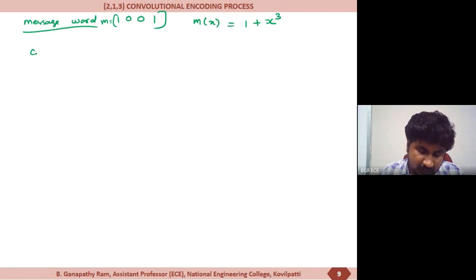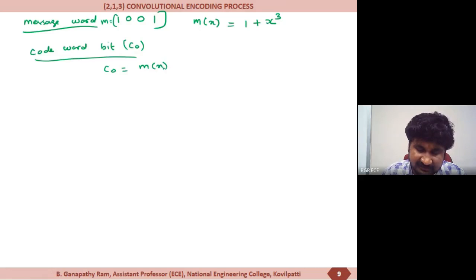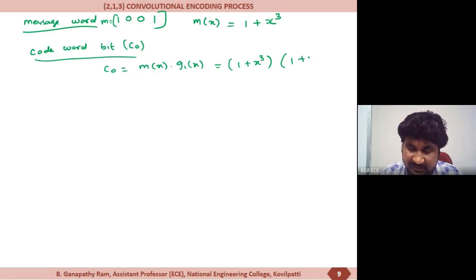And the code word bit C0 is determined by m of x into G1 of x. So m of x is nothing but 1 plus x cube, and G1 of x is nothing but 1 plus x square.